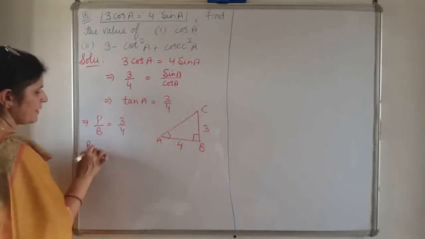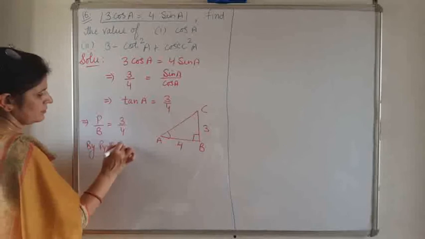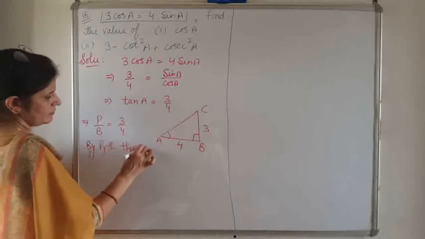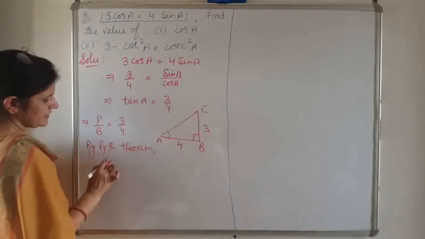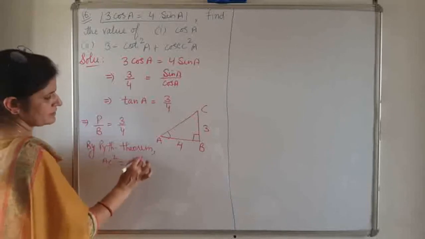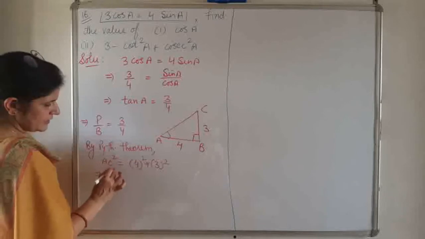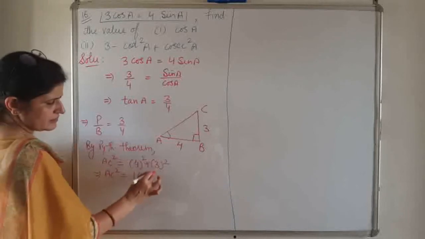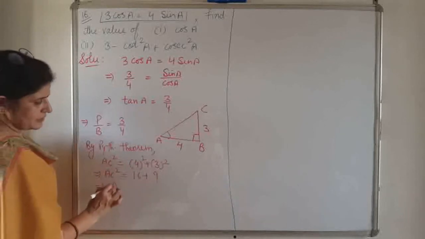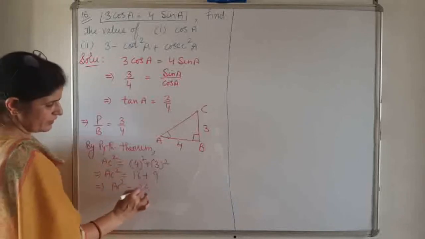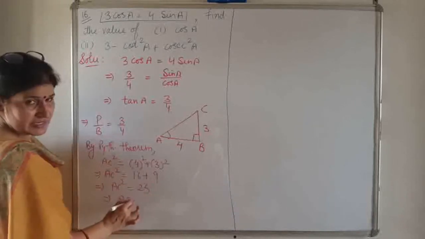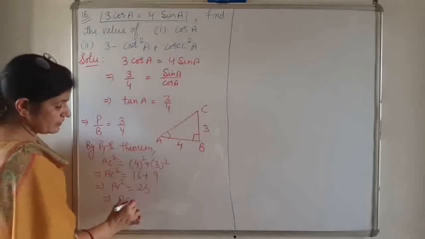So by Pythagoras theorem, AC square equals 4 square plus 3 square. AC square equals 16 plus 9, and AC square, you add them, 25, and what will be the value of AC? Square root of 25 is 5.